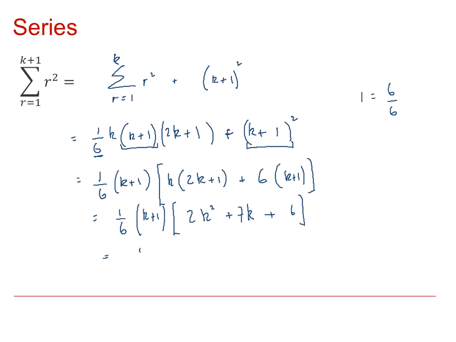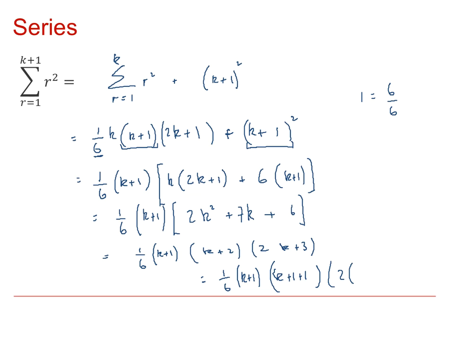That quadratic expression factorizes as k plus 2 multiplied by 2k plus 3. And of course that was the expression that we wanted. So it's worth writing it out with k plus 1: this is equal to 1/6 of k plus 1 multiplied by k plus 1 plus 1 multiplied by 2 times k plus 1 plus 1.